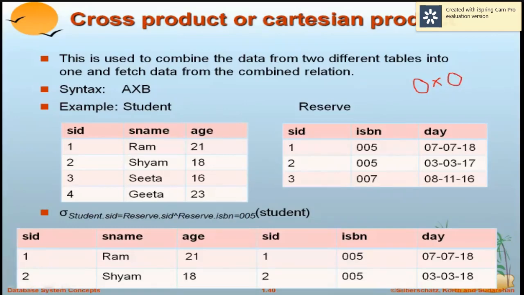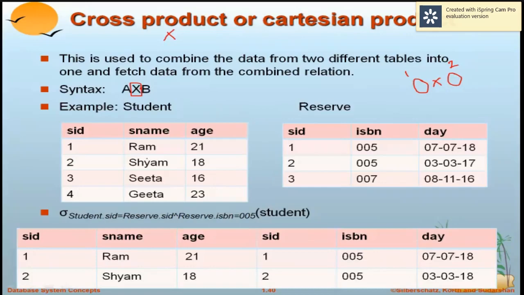As we are working on relational database, to apply cross product I need more than one table so that I can multiply the tables. So how is this cross product going to work? I'll explain. Before that, it is represented by cross, so cross product is nothing but represented by cross.